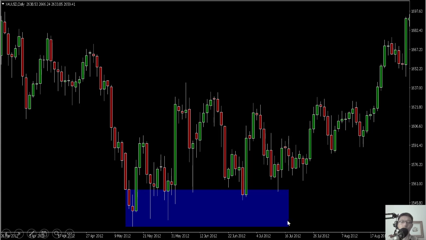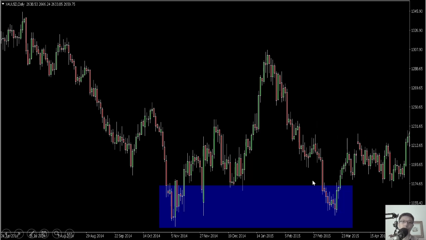So this blue box area is a support area. This one is also a support. After this big downtrend, price stops here, and then price starts to move higher.